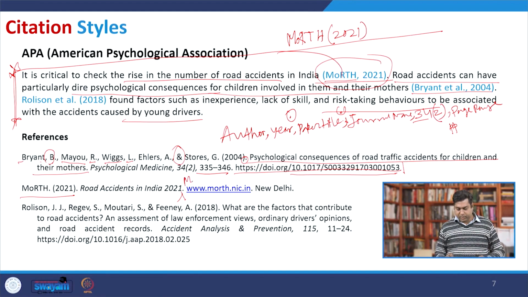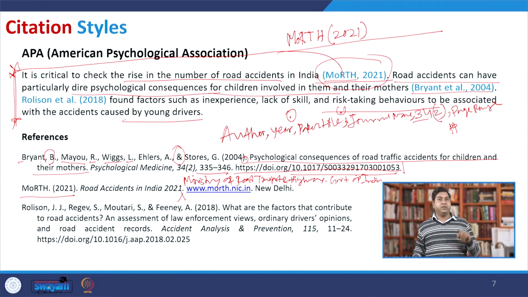So here you write the Ministry of Road Transport and Highways. Then you can also write Government of India and then New Delhi. Why is it important to write Government of India? Because a Ministry of Road Transport may exist for this country, maybe for some other country too. So, Government of India is essential.